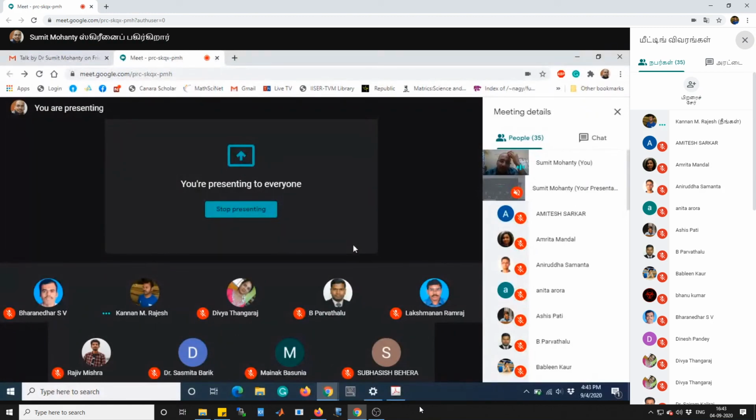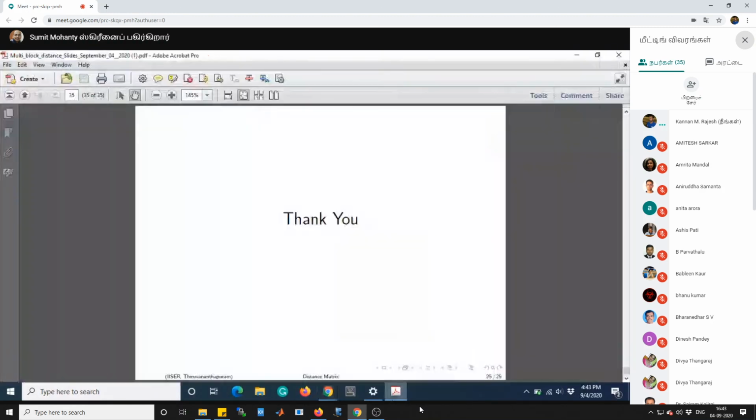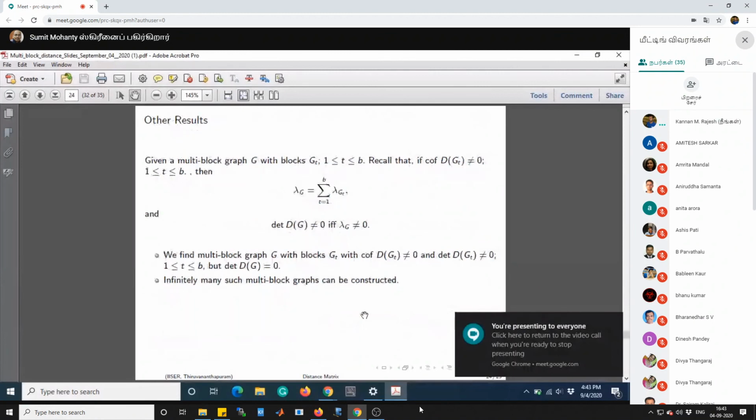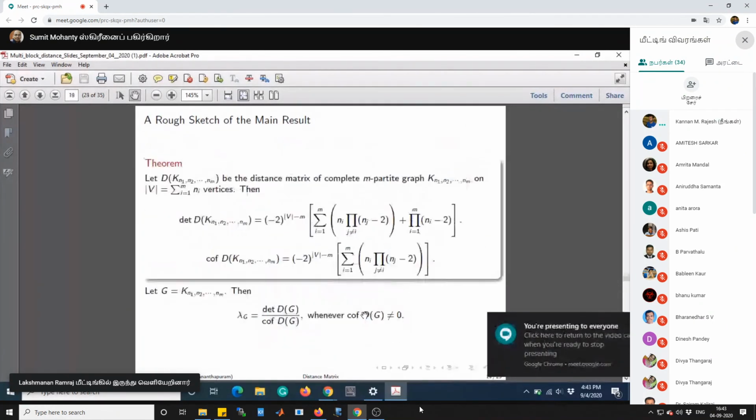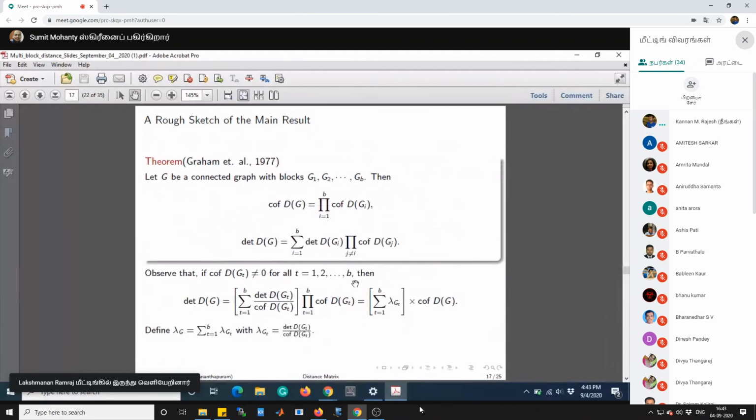In fact, I want to mention one more thing. Look at this block structure specifically. If exactly one cofactor is 0, then only one term survives in the determinant.